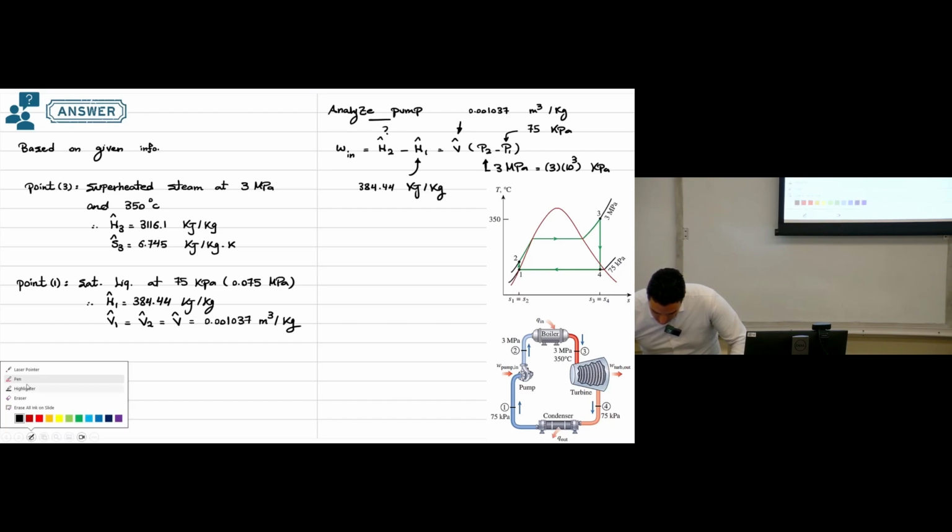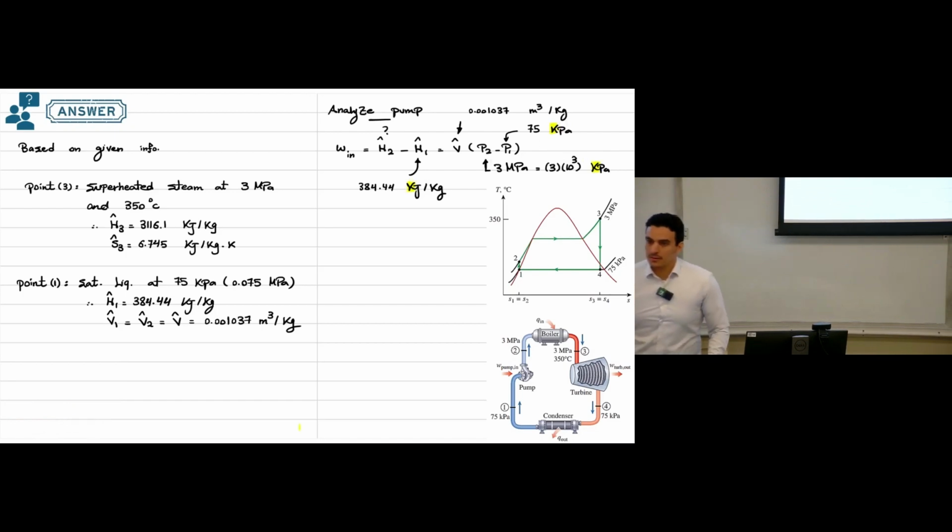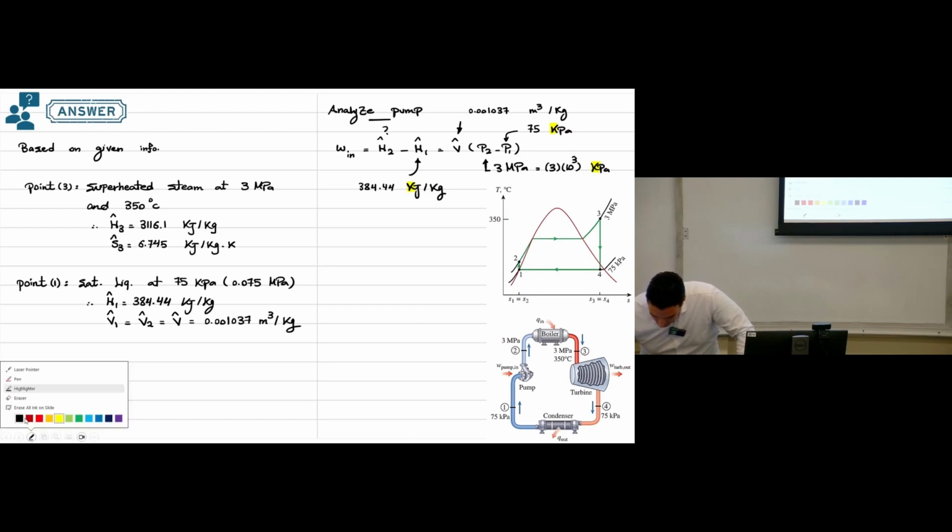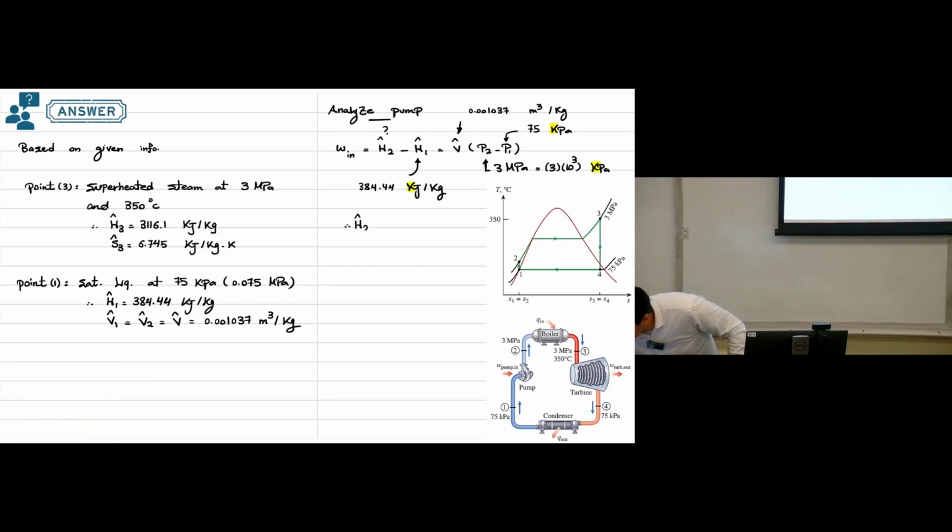Just to note, focus on the units again. Here I left this in kilojoule because I left the pressure in kilopascal. I can convert the pressure to Pascal, but then the left side should be in joule, not kilojoule, so the units will be consistent. So if you substitute in this equation, then we can find H2.